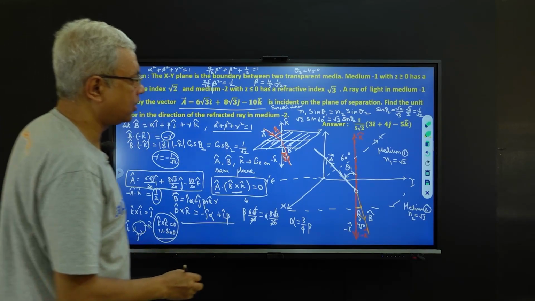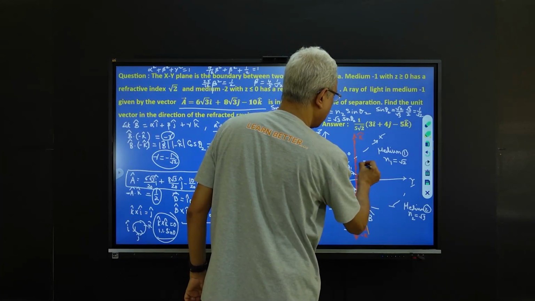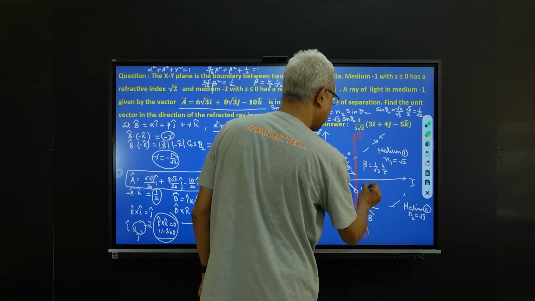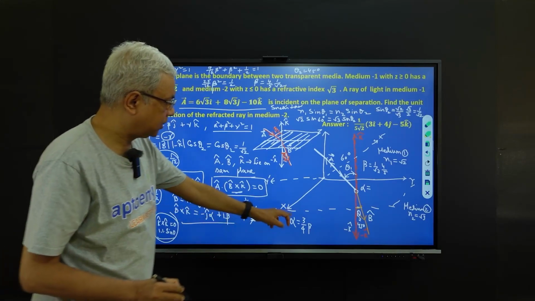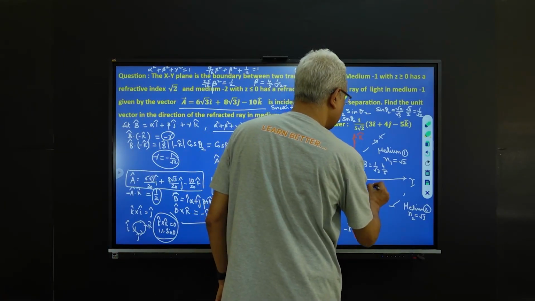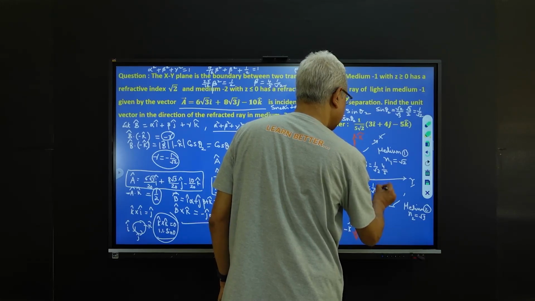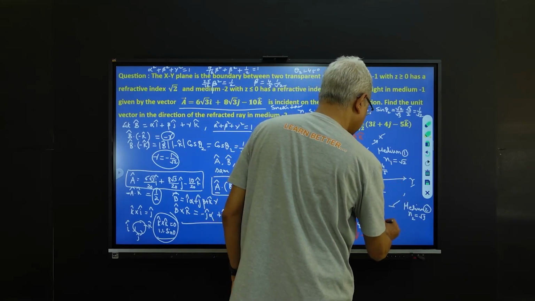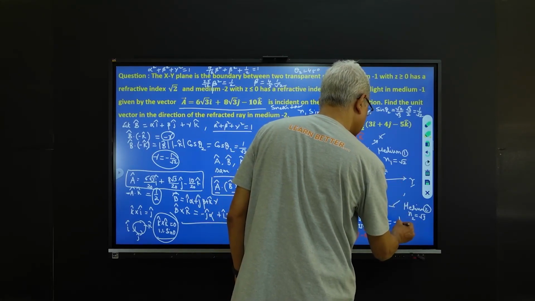So what we have found? Beta equal to 1 by root 2 times 4 by 5, and therefore alpha is actually 3 by 4 beta, so 1 by root 2 times 3 by 5, and gamma is minus 1 by root 2.